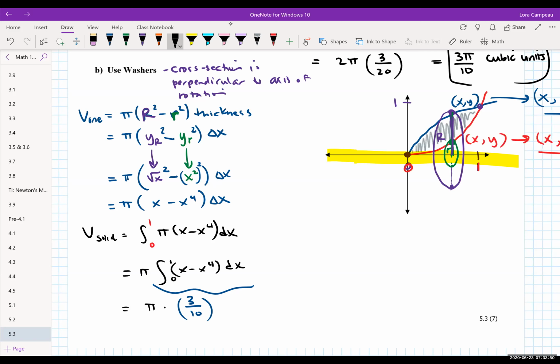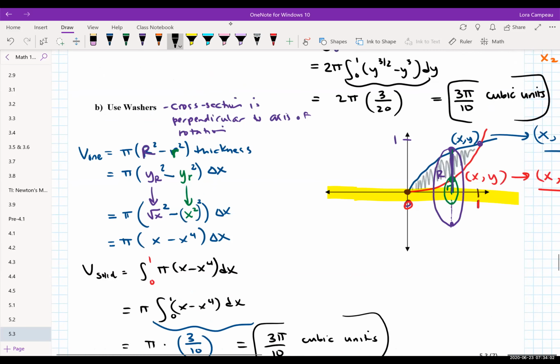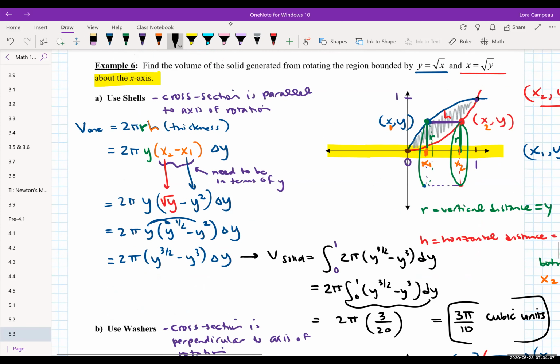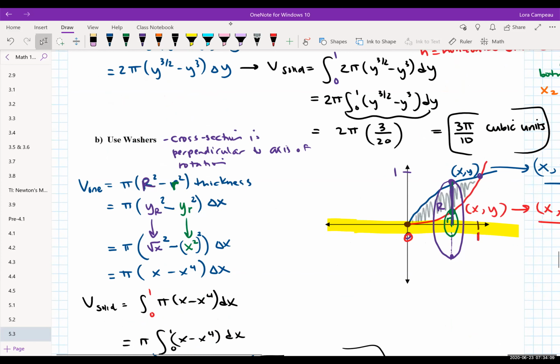So what do we get? 3 pi over 10 cubic units. And then just check. What always makes me nervous is, did it match the other one? It should if it's the same cross section, same rotation. It does. Isn't that nice? That's beautiful.